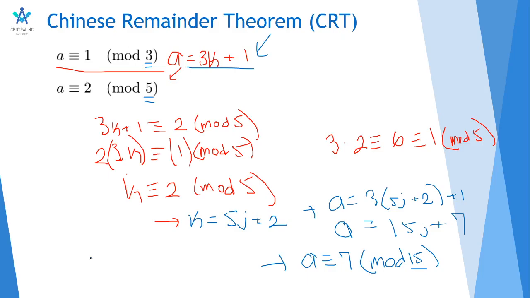Why must they be relatively prime? Note here how we had 3k was congruent to 1 mod 5. Well, if 3 and 5 weren't relatively prime, let's say it was 3 and 6, well then 3 wouldn't have an inverse modulo 6. So we cannot solve that congruence if those two numbers over here were not relatively prime. So they have to be relatively prime for this to work.